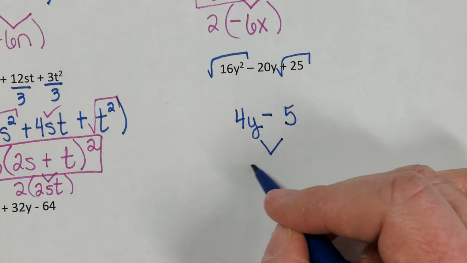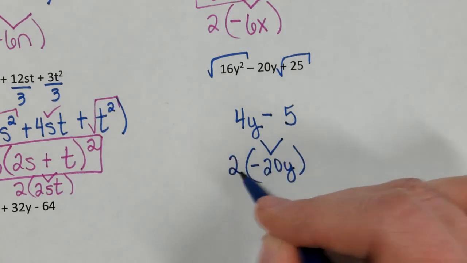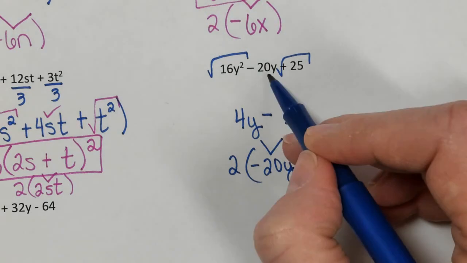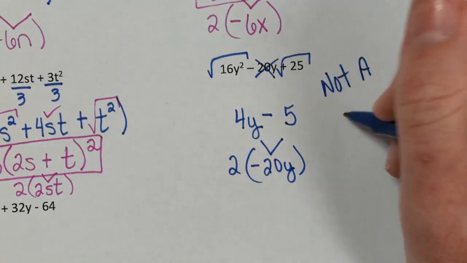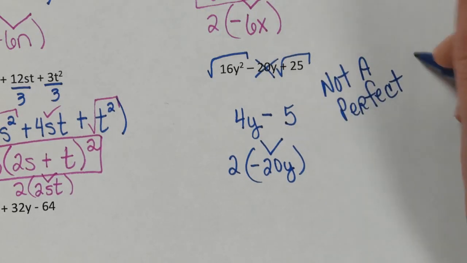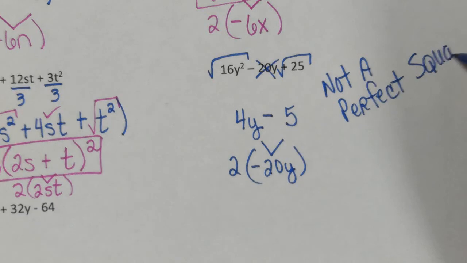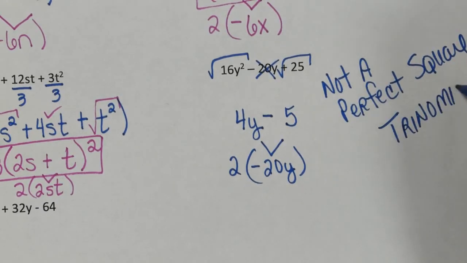But is the middle term twice the product? It is not. So this is not a perfect square trinomial. That doesn't mean it can't be factored, but it's not a perfect square trinomial, and we can't use the rule that we've learned.